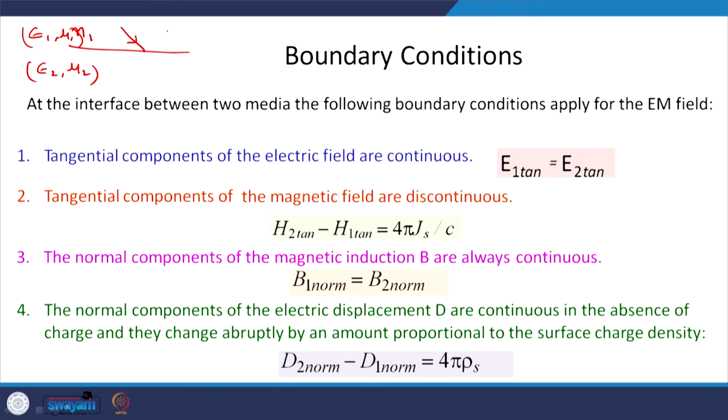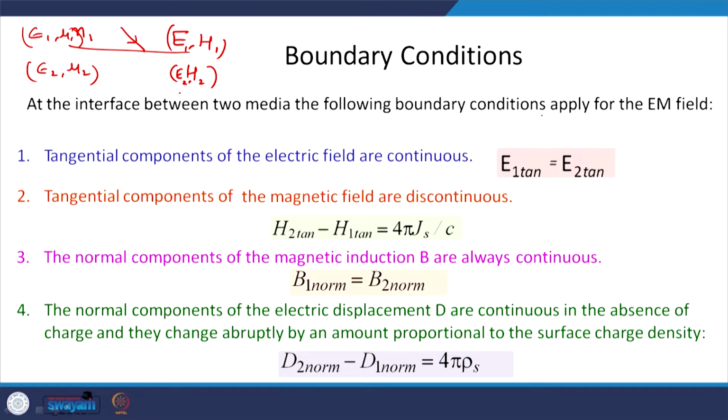How will the electric and magnetic fields E1 and H1 in this one behave relative to E2 and H2? What is the relation between them? So, that is called the boundary condition.